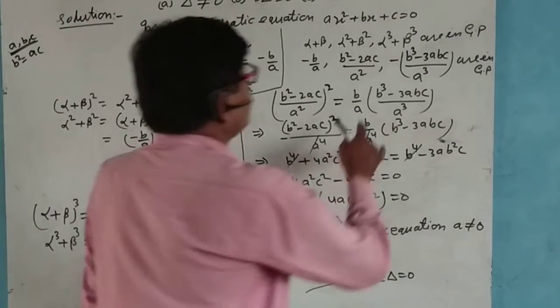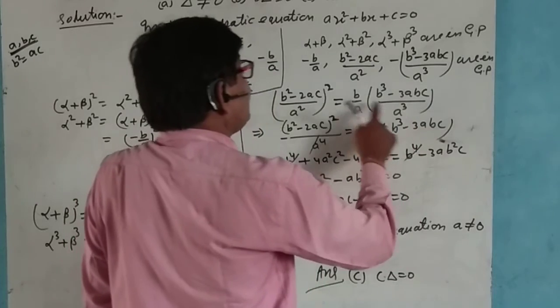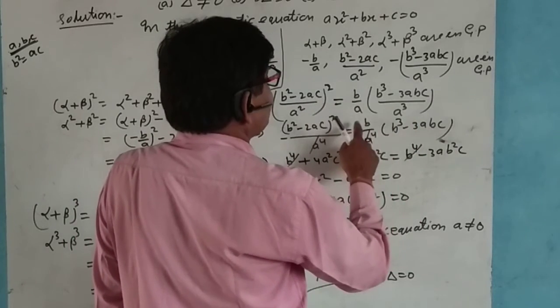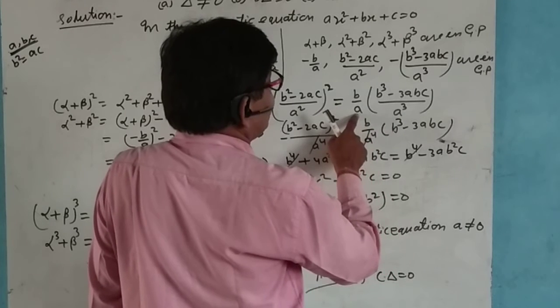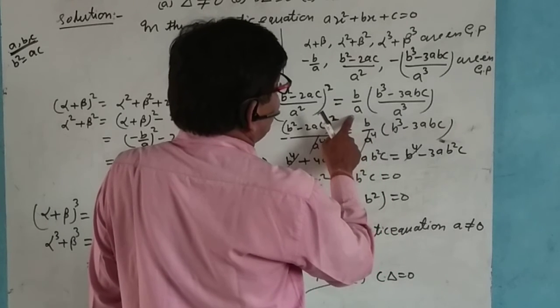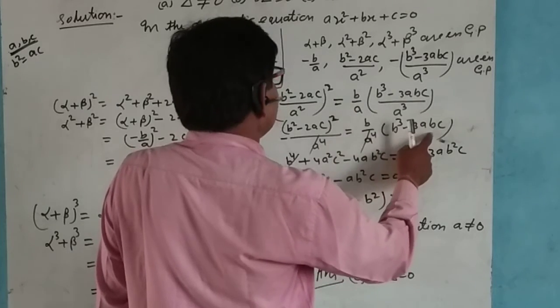Now here b cube minus 3abc divided by a cube, multiply this b cube. Taking a to the power 4 common, and b by a to the power 4 times b cube minus 3abc.